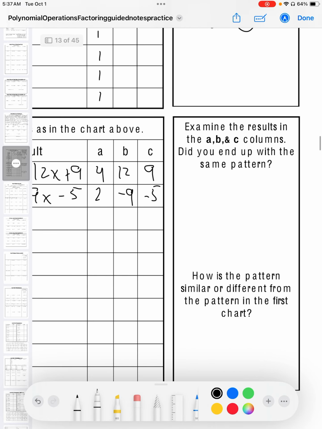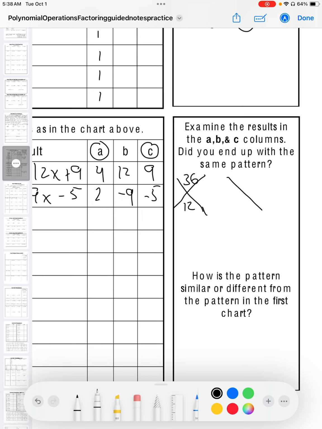This time, we need to take a and c and multiply them together. So 4 times 9 would be 36. And then b does still go on the bottom. So b would be 12. So then we'd be looking at numbers that would multiply to 36 and then would add to 12.